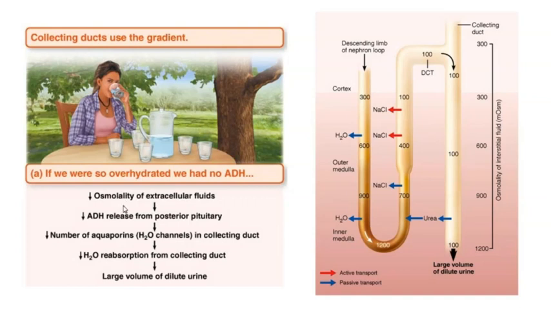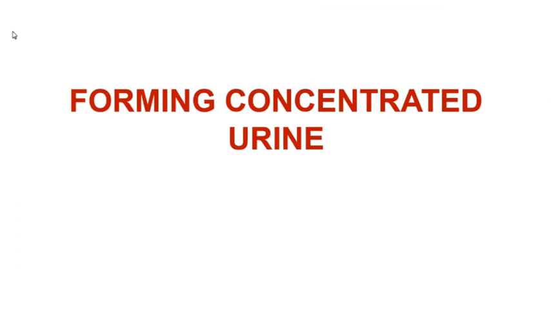That's going to inhibit ADH release from our posterior pituitary, which is going to feed back to reduce the number of water diffusion channels called aquaporins in the collecting duct, which means that as filtrate passes through the collecting duct, not a whole lot of water is going to be reabsorbed from it. And so we're going to produce this very large volume of extremely dilute urine.